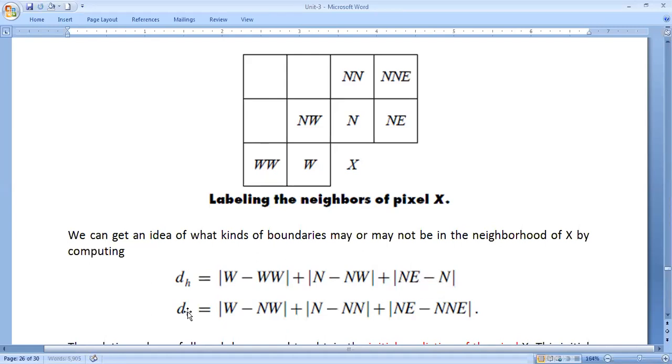In the same way, we can calculate the vertical value with respect to X: |W minus NW| plus |N minus NN| plus |NE minus NNE|. So with the help of these two formulas, we can calculate the horizontal and vertical values.